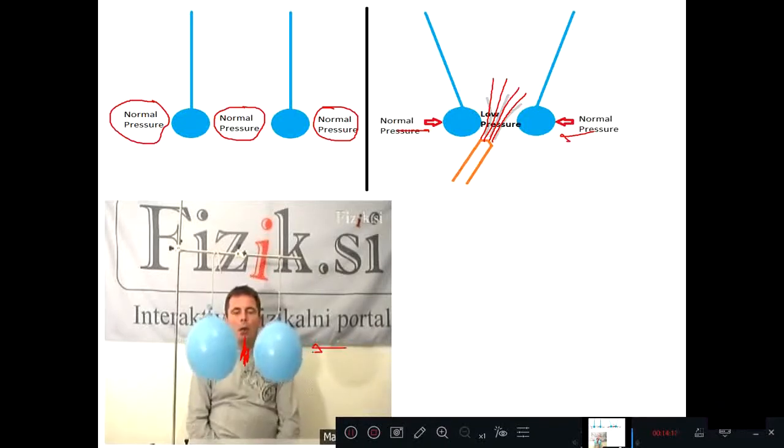On the other side, from this side and this side, there is atmospheric air which pushes the balloons, and these balloons will be coming closer and closer.